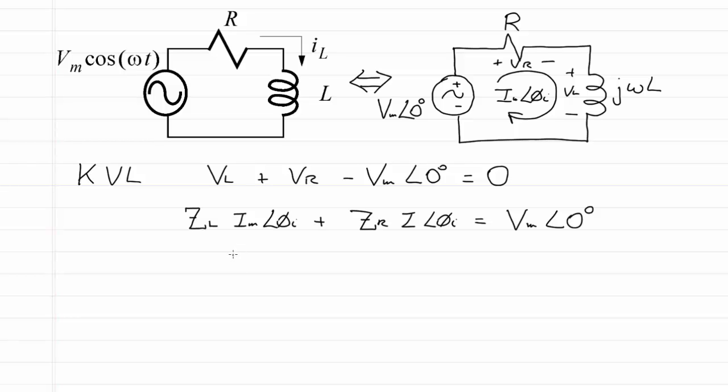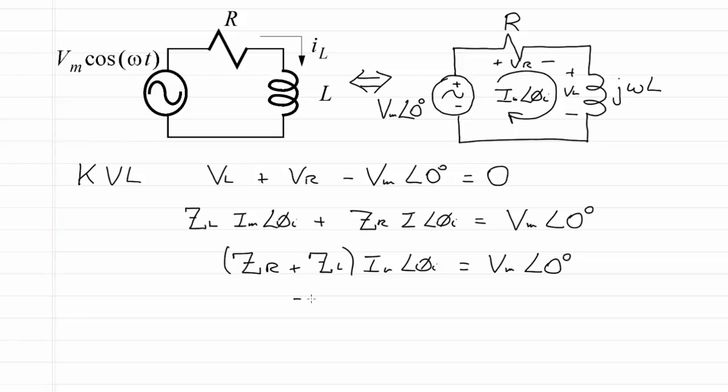I can rewrite the equation as ZR plus ZL, all times the current, I at angle I, will be equal to our applied voltage Vm at 0 degrees.